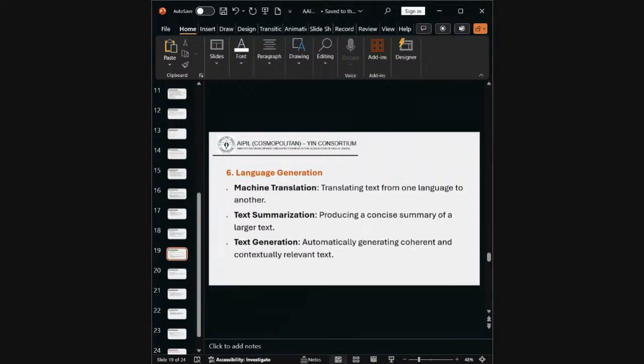I like this latter part when we talk about contextually relevant text. It means that from all this analysis and these processes, by the time we process the language using all the 5 steps we talked about earlier, you can see that it can capture the context.